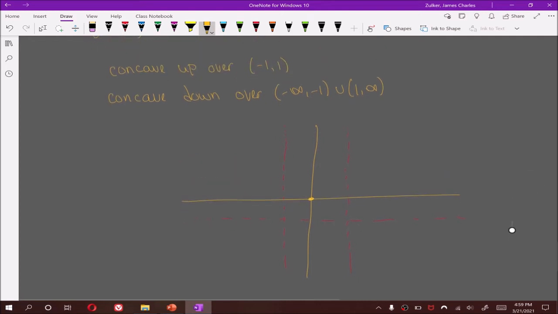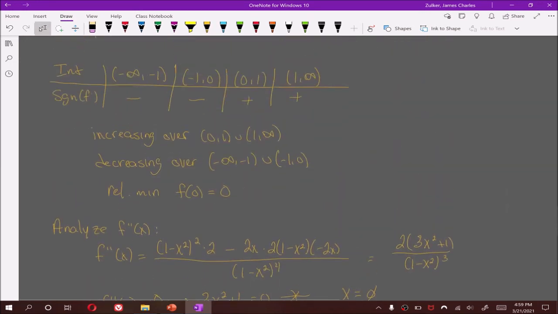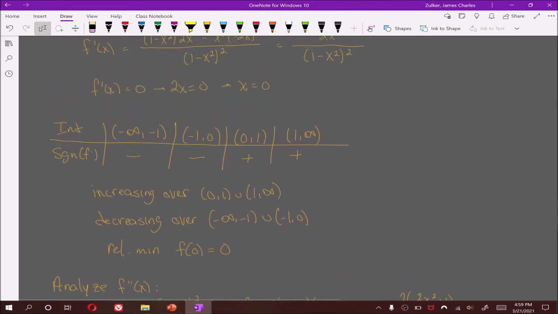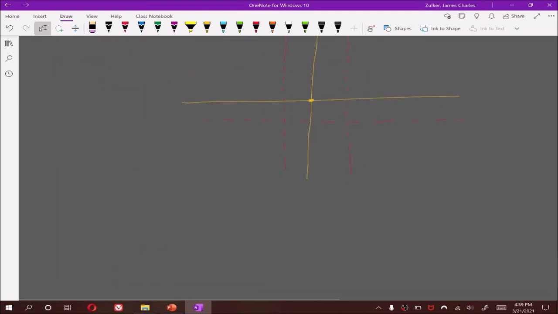We are concave down on the ends. And if we look, increasing, decreasing, we're also decreasing over the ends. So we can determine that the ends must be something like this.